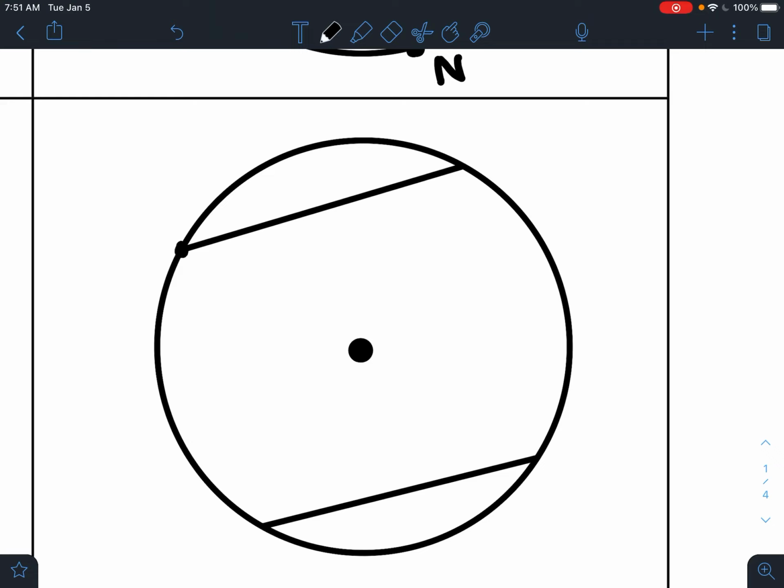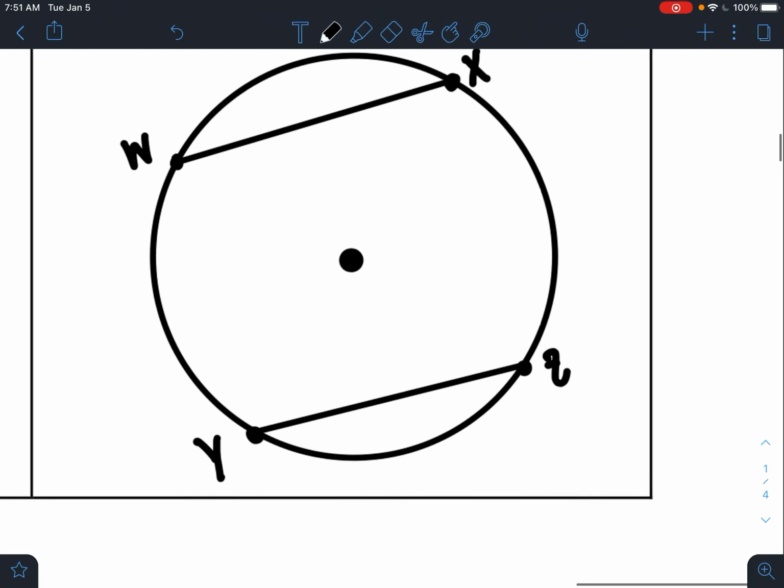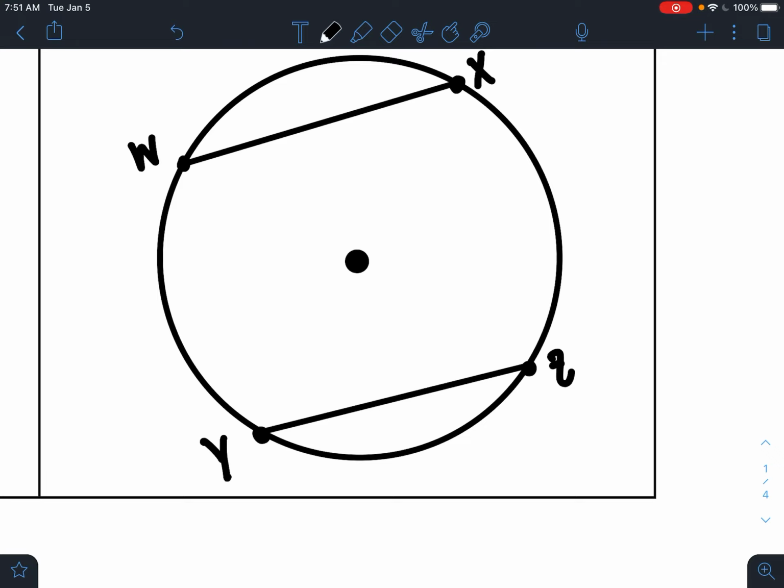Okay. So let's name that first chord WX, and then let's name the bottom chord YZ. What we don't know yet is that they're congruent, all right? But what this theorem is saying is that those two chords have to be equidistant from the center. Which means that if I'm going to draw the distance from a point to a segment, we've talked about this before, it has to be the perpendicular segment that connects them.